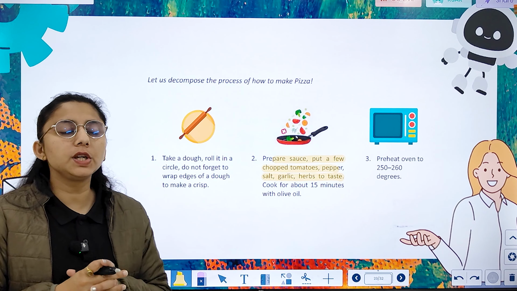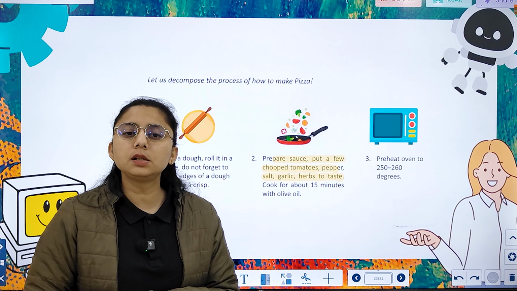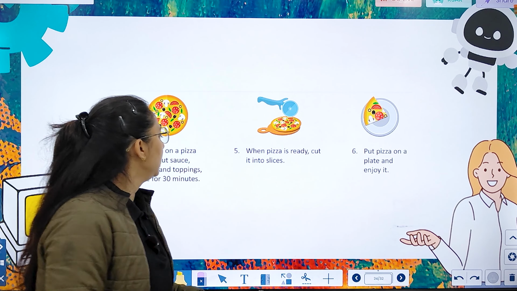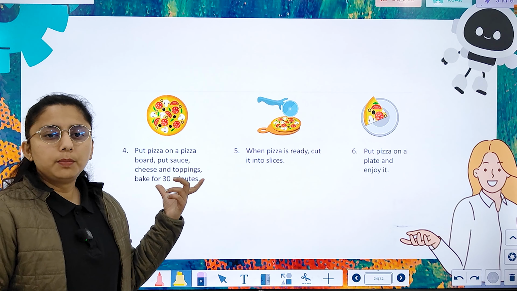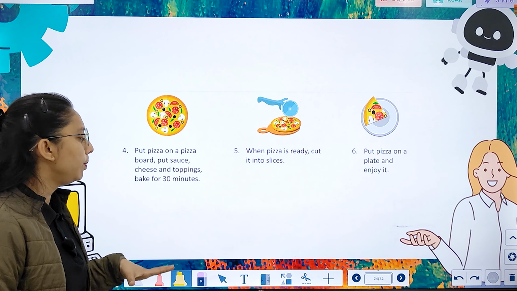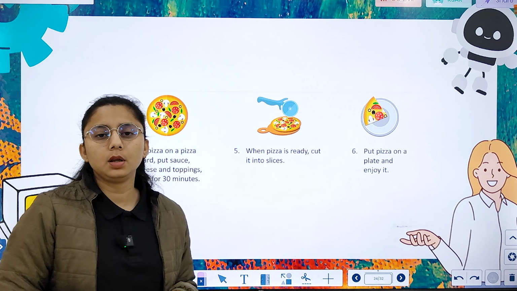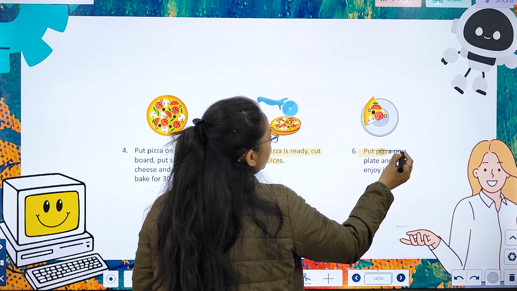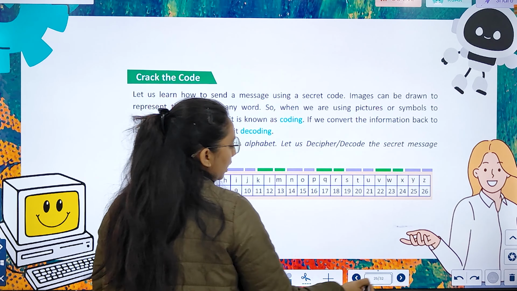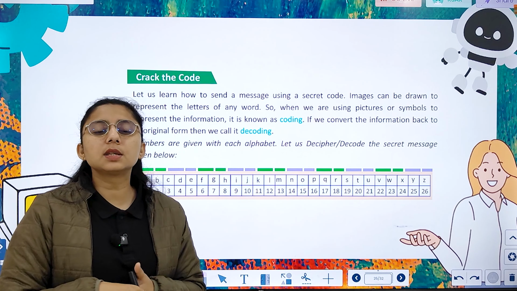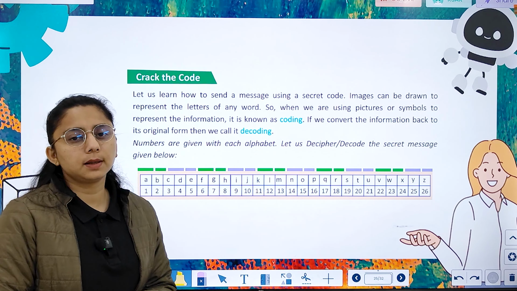Then preheat the oven to 250 to 260 degrees and put the pizza on the pizza board, then put sauce, cheese, and toppings. Bake it for 30 minutes. When the pizza is ready, cut it into slices, put it on a plate and enjoy. This is how we make a pizza.